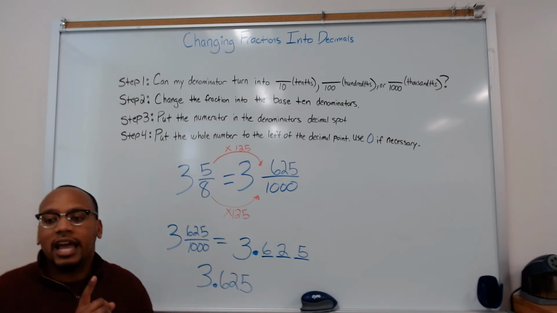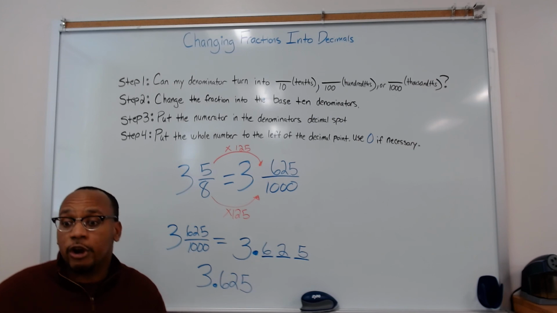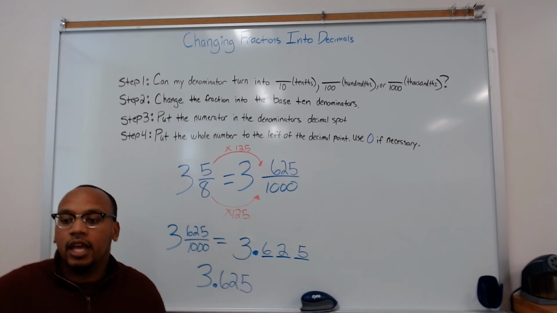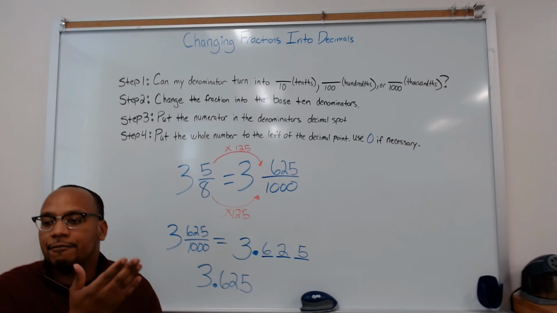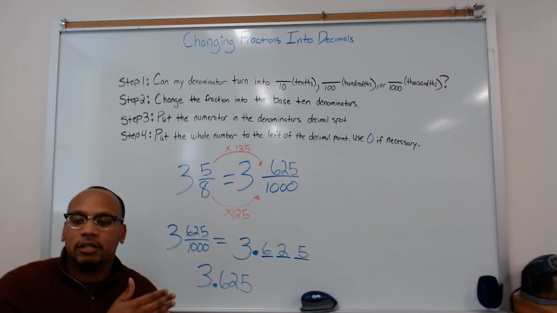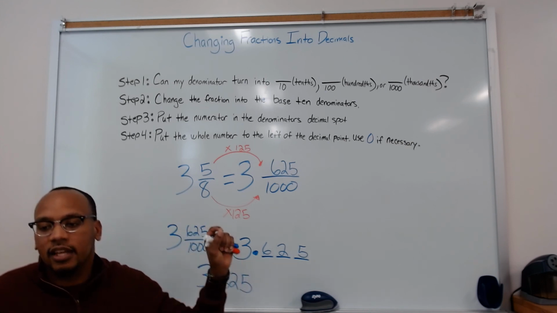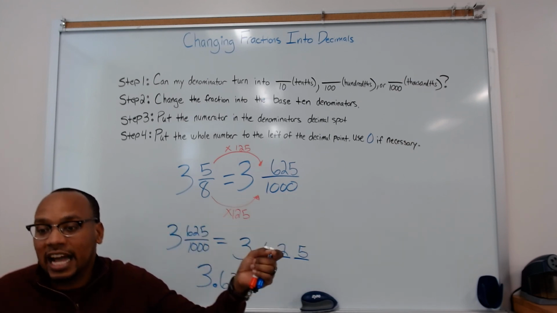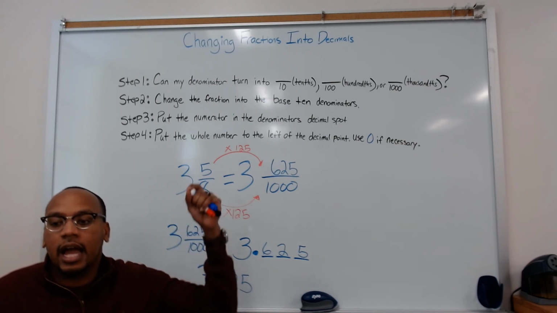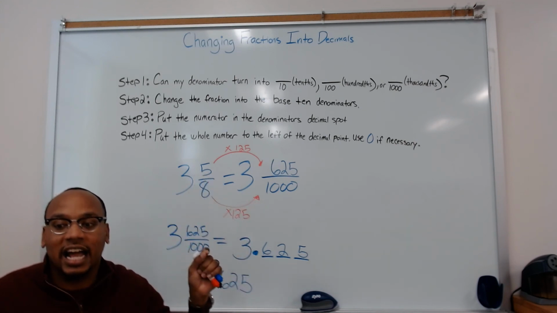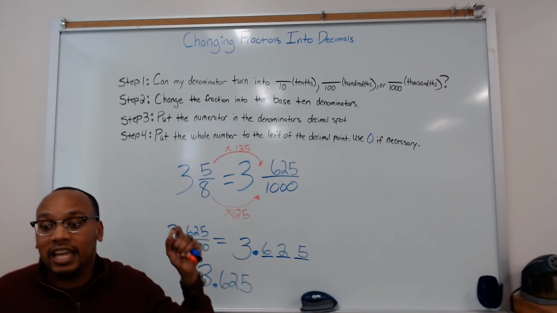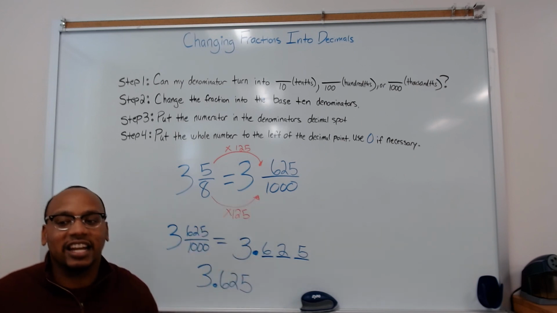All right? One last thing. If you have thirds or sixths or ninths or any derivative of 3, you cannot change that fraction into a decimal. It can't turn into tenths, hundredths, or thousandths. 3 times 3 is 9, not 10. 3 times 33 is 99, not 100. 3 times 333 is 999, not 1,000.